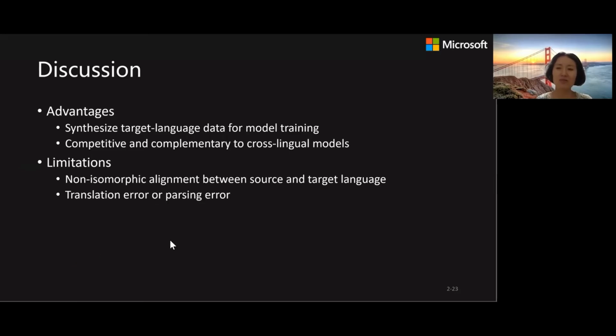Second, the translation error in treebank translation or the parsing error in annotation projection will also be propagated to target sentence annotation. Third, it is possible to derive conflicting annotation in the final annotation of target language.